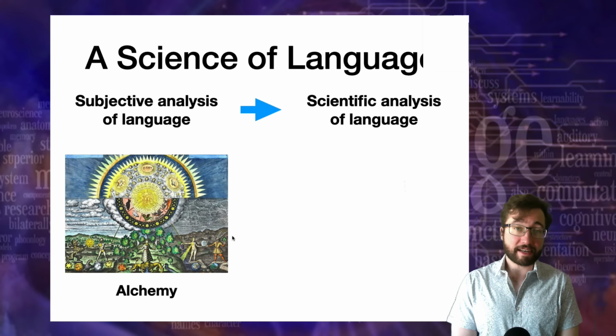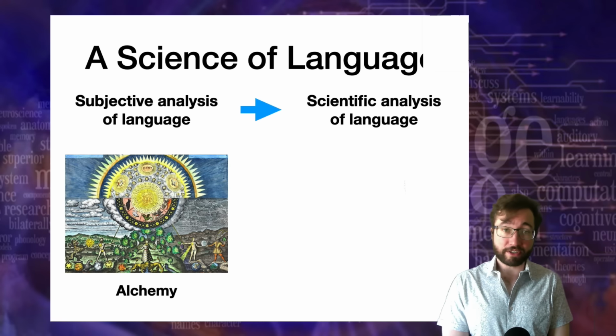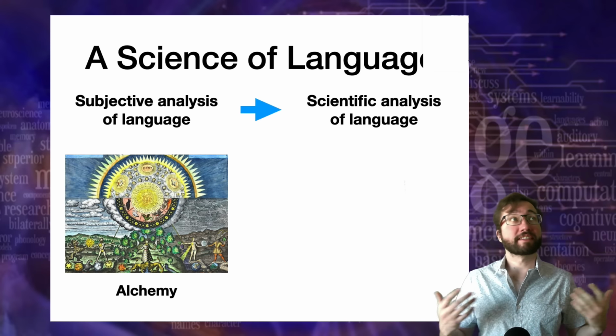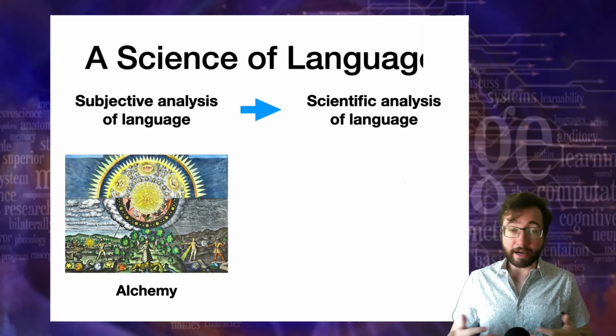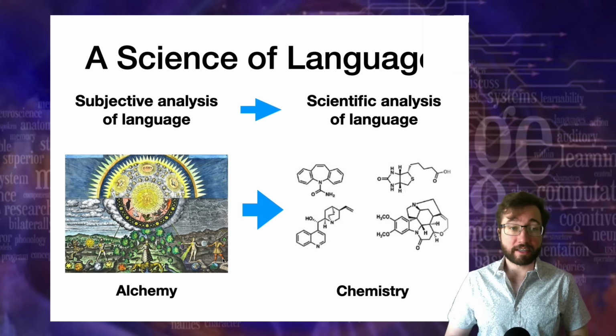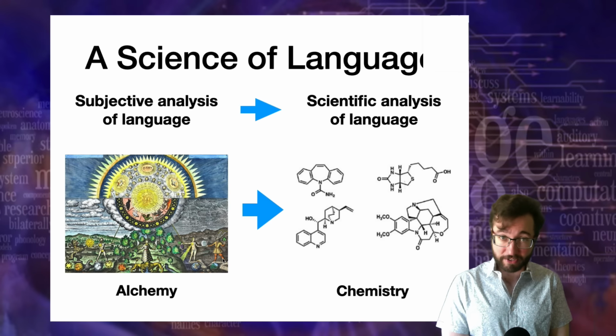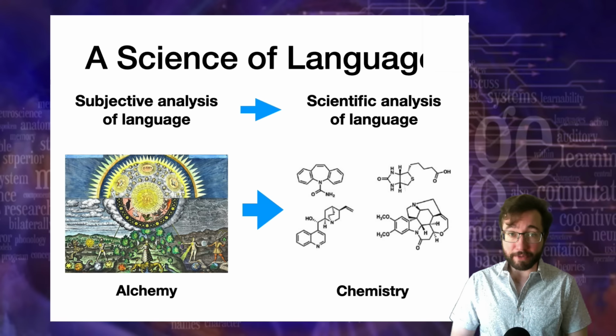You can think about this as analogous to the way in which alchemy, which was a sort of mystical system for understanding the substances and elements that make up the world, over centuries developed into the scientific field of chemistry. And when that happened, it changed a lot.